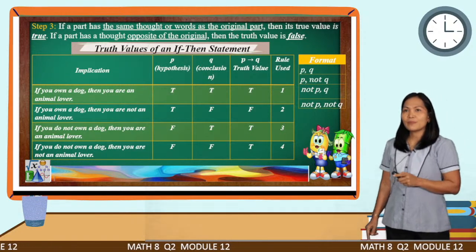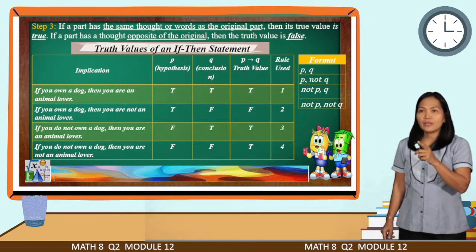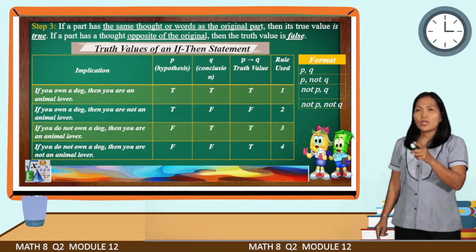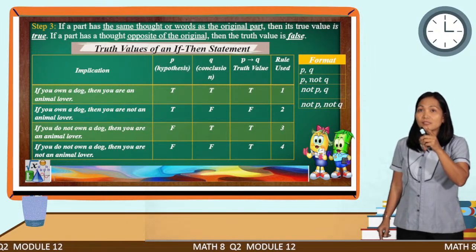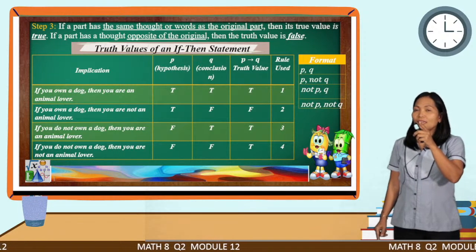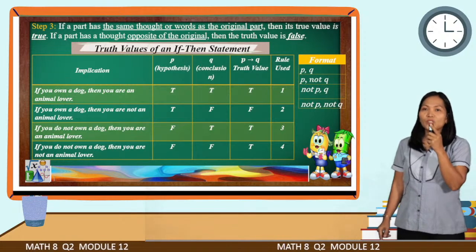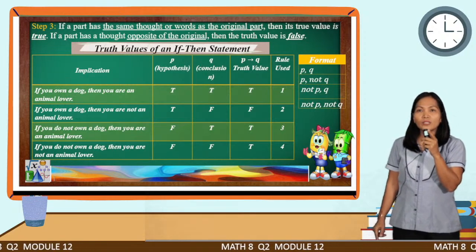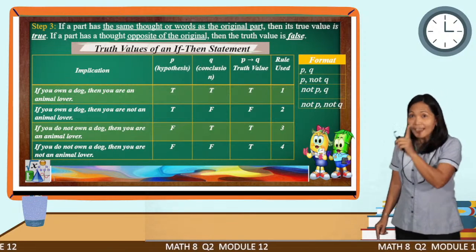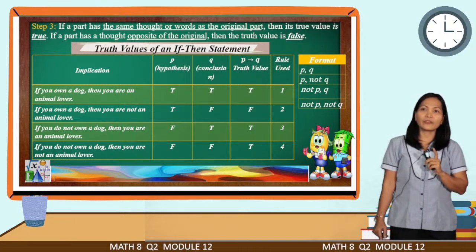For the second implication, if P, then not Q. If you own a dog, the hypothesis, yes, the same thought as the original part. Look at the conclusion. You are not an animal lover.